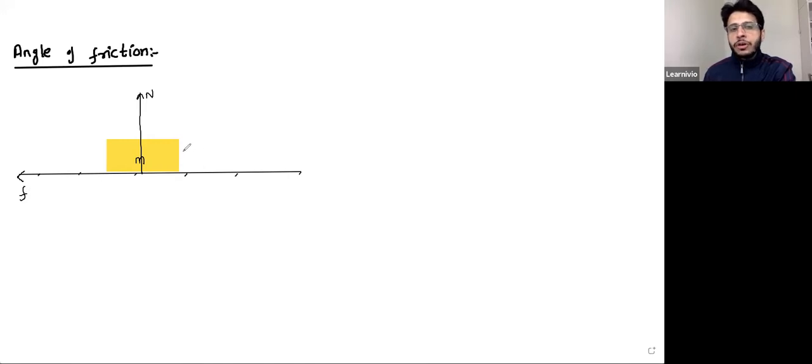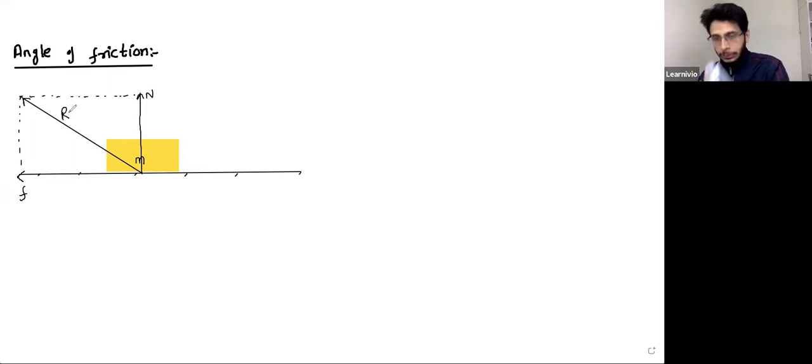If the tendency of the body is to move to the right-hand side, then friction will act to the left-hand side. This is the resultant of normal reaction and frictional force.